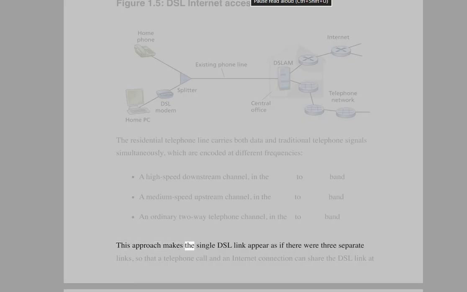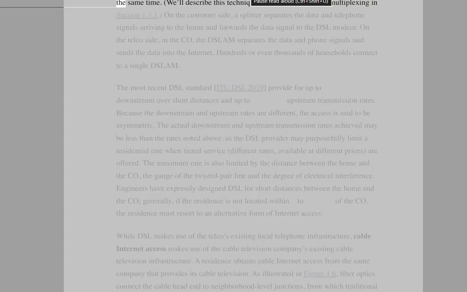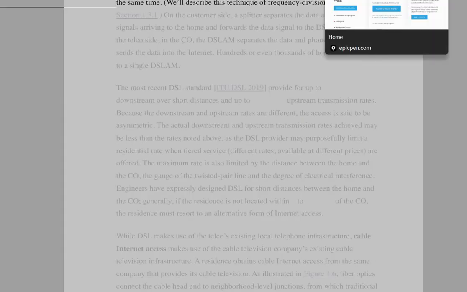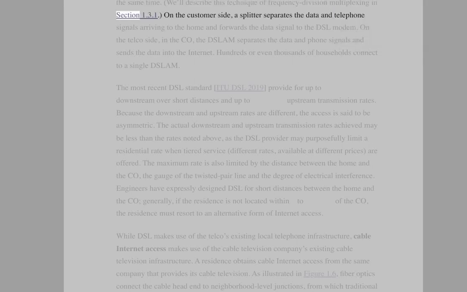This approach makes the single DSL link appear as if there were three separate links, so that a telephone call and an internet connection can share the DSL link at the same time. We'll describe this technique of frequency division multiplexing in section 1.3.1.